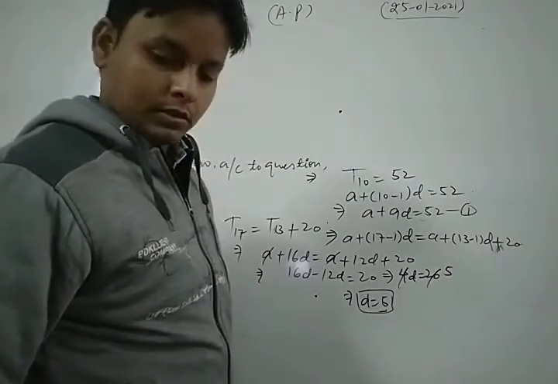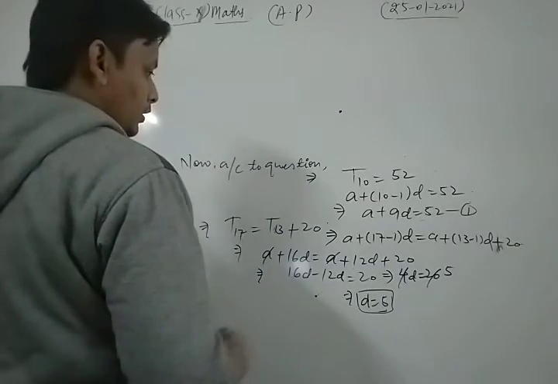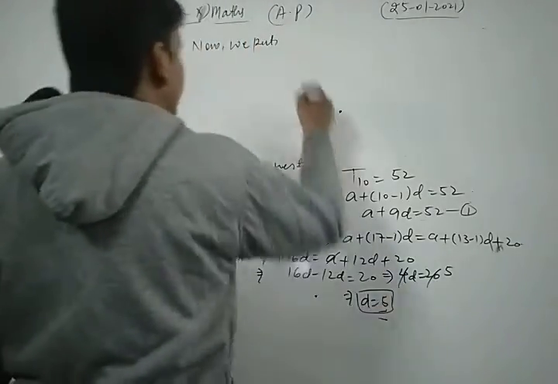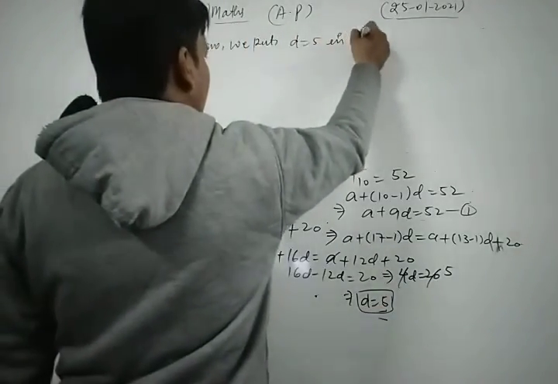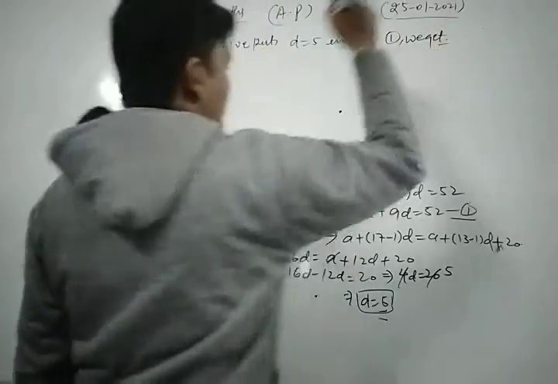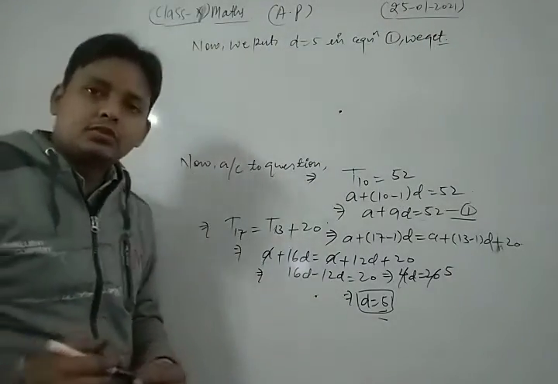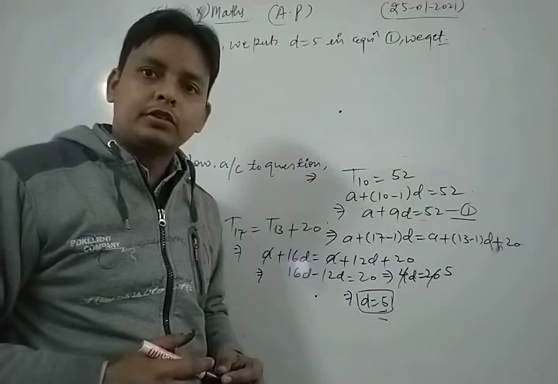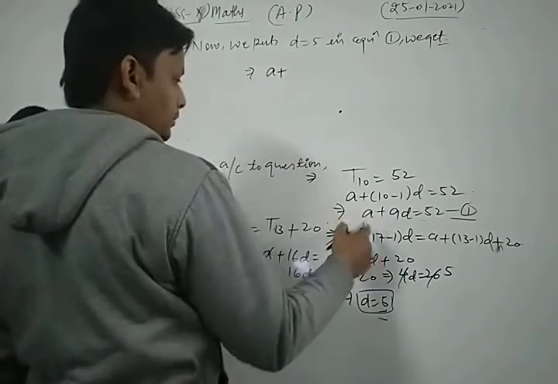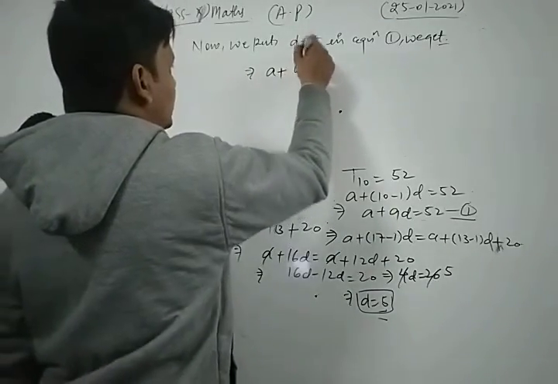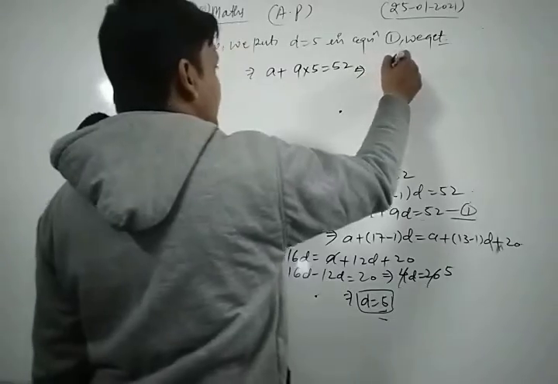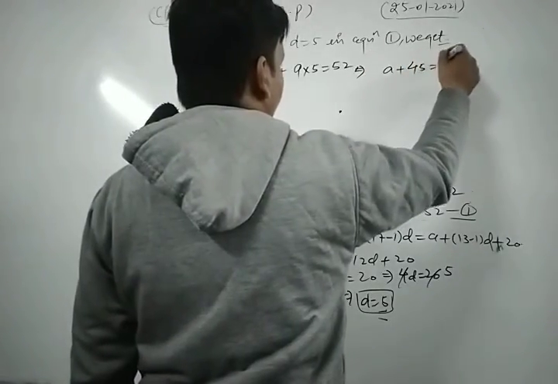Putting D equal to 5 in equation 1, we get A plus 9 into 5 is equal to 52.